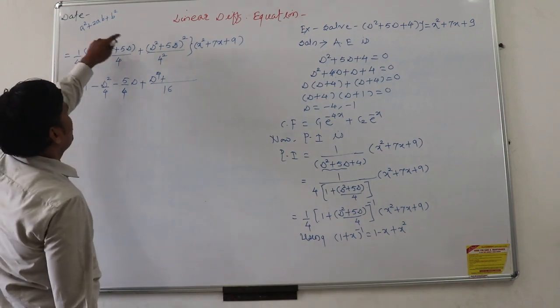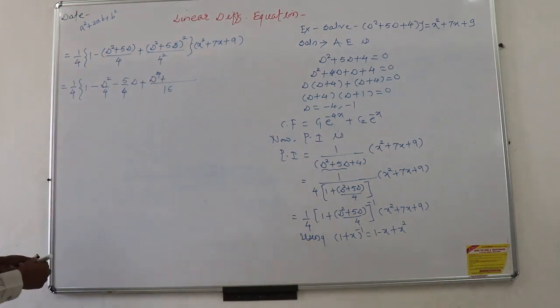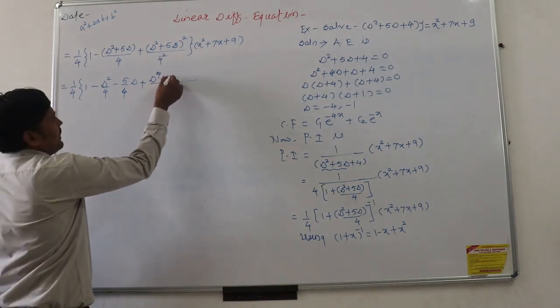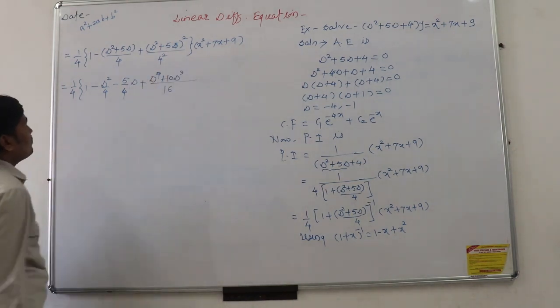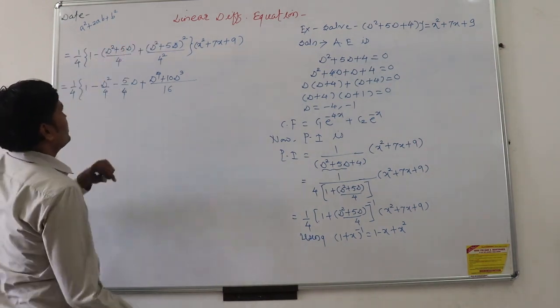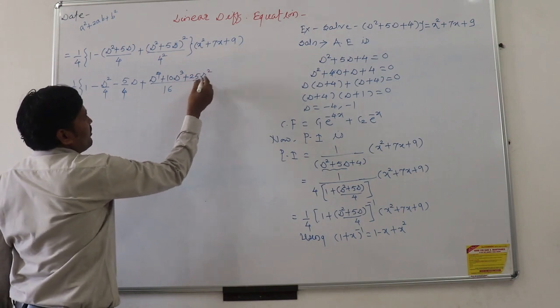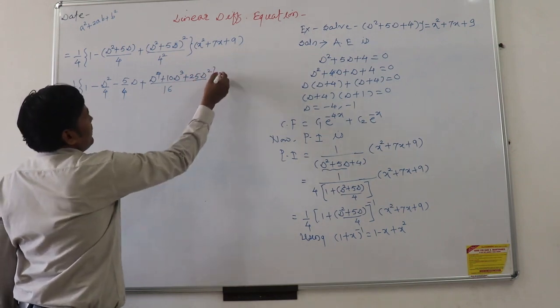So twice a into b, where a is D square and b is 5D. So D square into 5D is 5D cube, into 2, that is 10D cube. And finally b square, and b is 5D, so 5D square, that is 25D square. Bracket close.